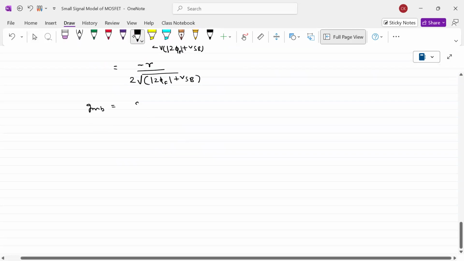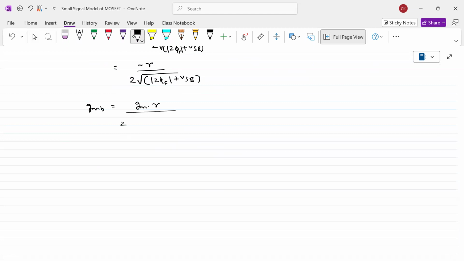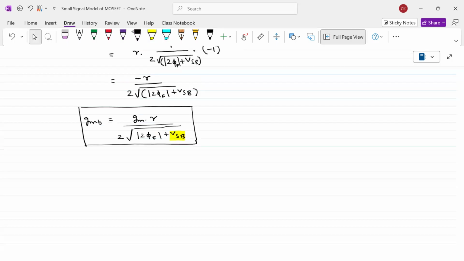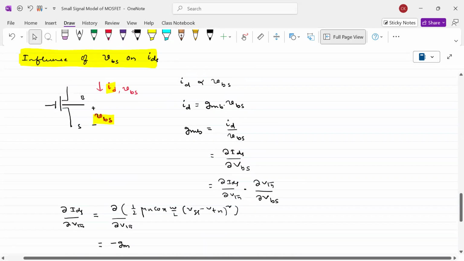What is this value? GM into gamma divided by 2 times square root of magnitude of 2 phi f plus VSB. So here also it's depending upon the quiescent value. But anyway, what we can observe is that it is a current source only. As you can see, this is simply a current source.